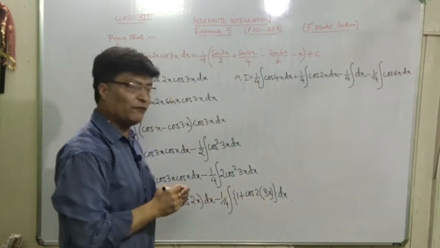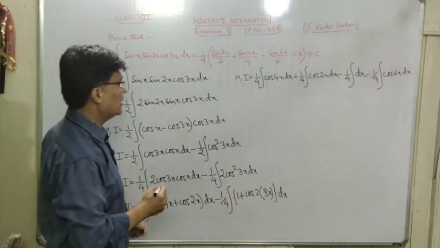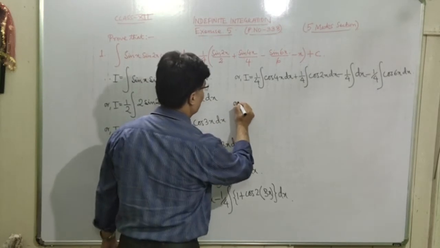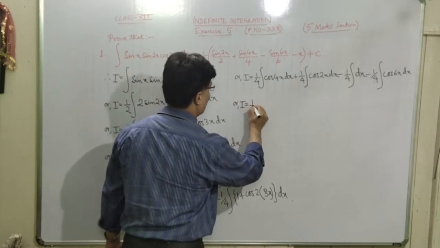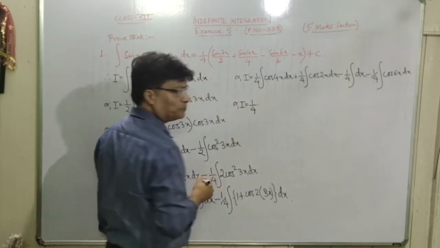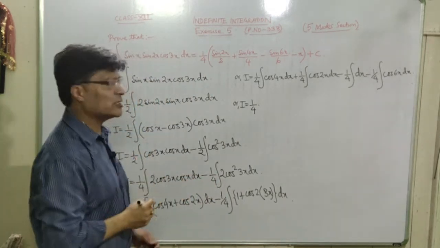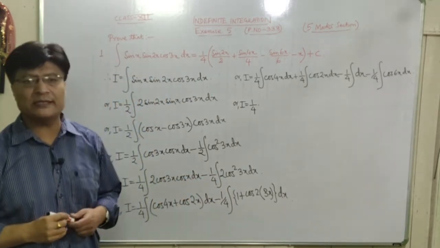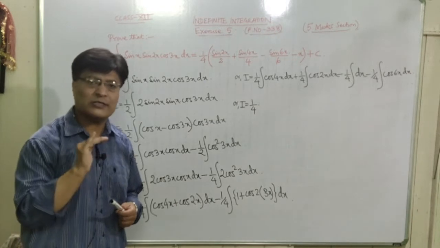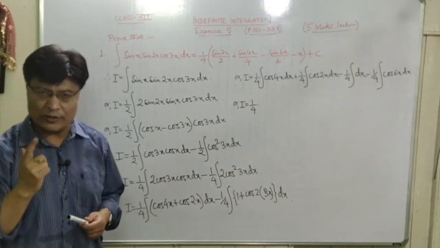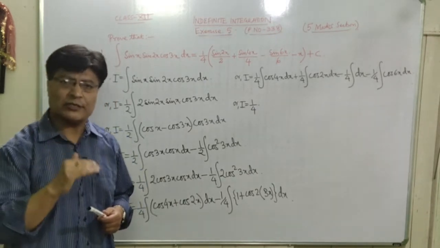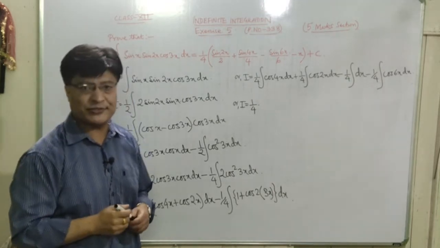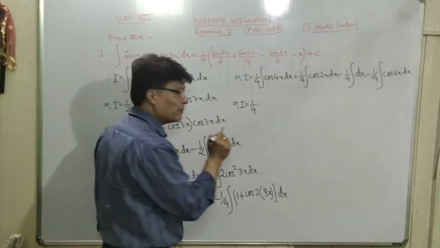Now we can use the formula. I is equal to 1/4 into, what is integration of cos 4x? It is just like integration of cos mx dx. You know the formula: differentiation of which function is cos mx? That is sin mx by m.